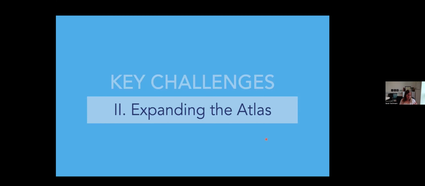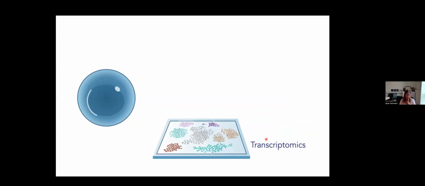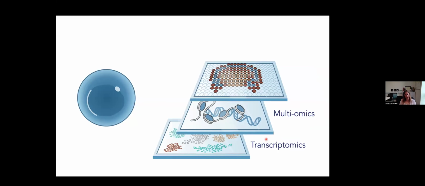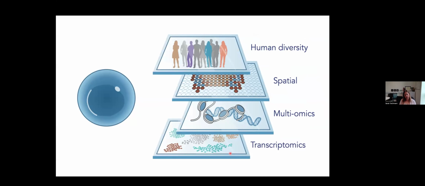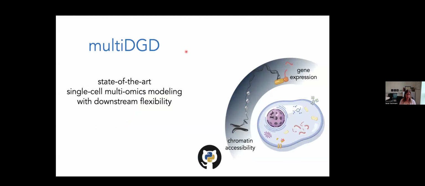For that purpose, one of the challenges that we have, or a future challenge on the horizon, is that we want to take that suspension cell data and integrate it with other layers like epigenetic, open chromatin layers, spatial data that I've showed, large data sets with human diversity.